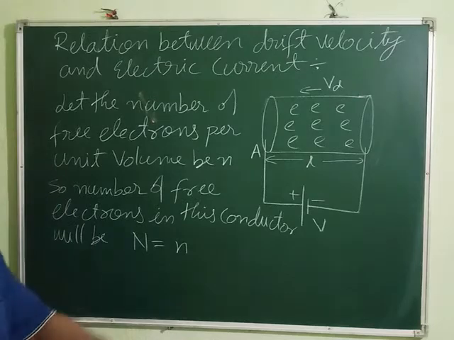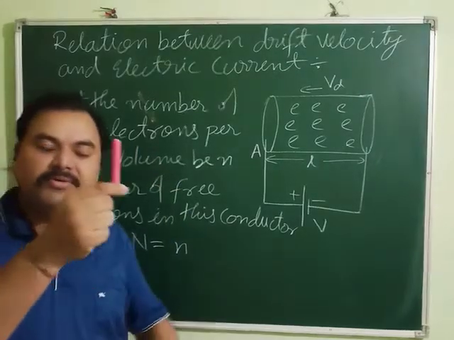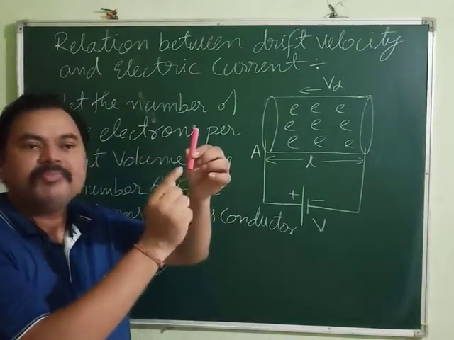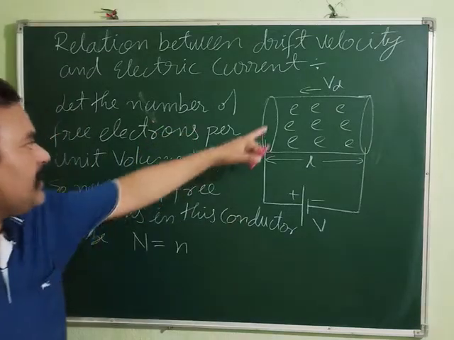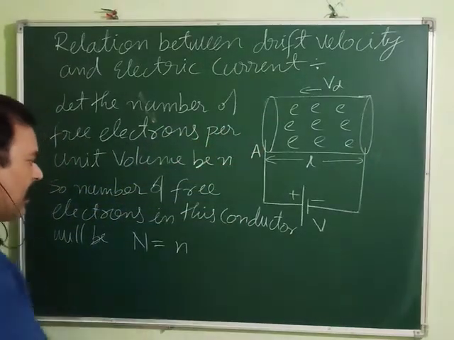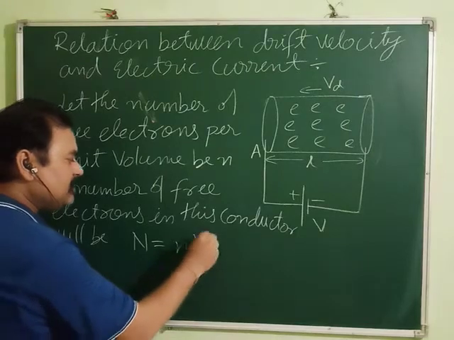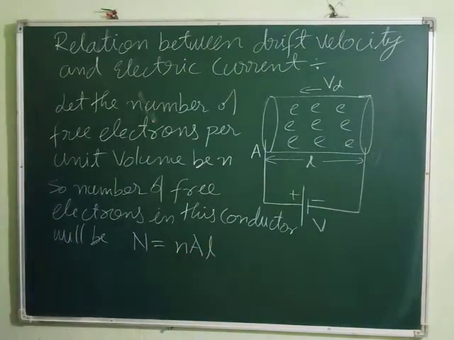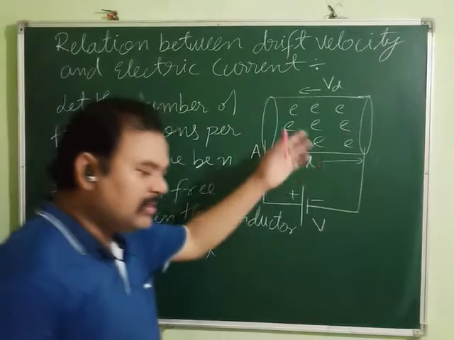What is the volume of a cylinder? Its volume is base area into height. Base area is the area of cross section A, and height is L. So we will get the total number of free electrons in this conductor.